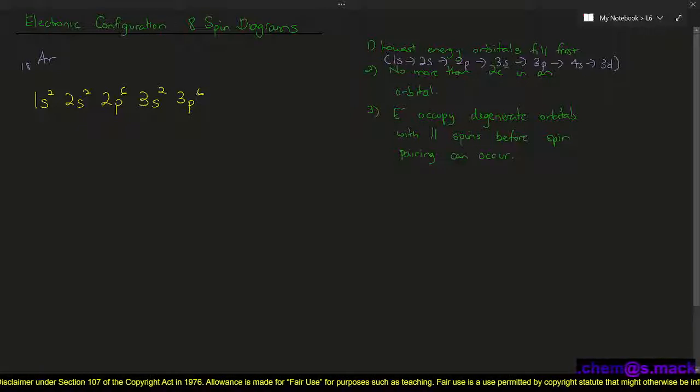I want to draw the spin diagrams, which are our electrons in box diagram, where I will represent an electron with a half-headed arrow.